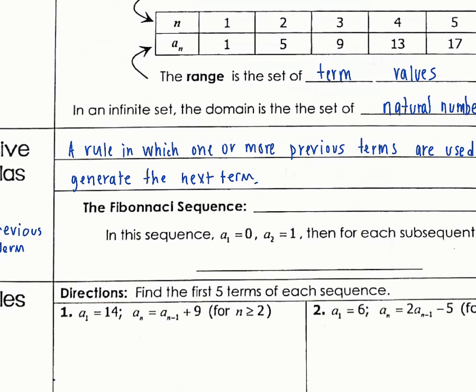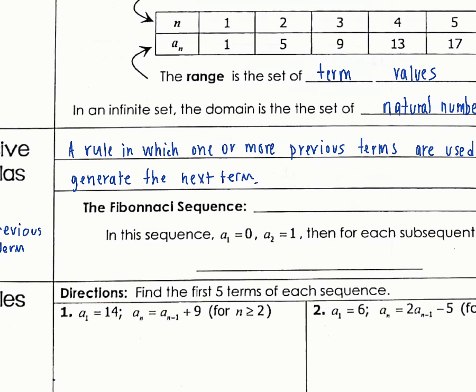That was a recursive formula. How do we find a sub 12? We kept adding 4 until we had a sub 11, and then I could simply add 4 to it, and I found a sub 12. See, recursion says, I need to know the previous term to find this new term.